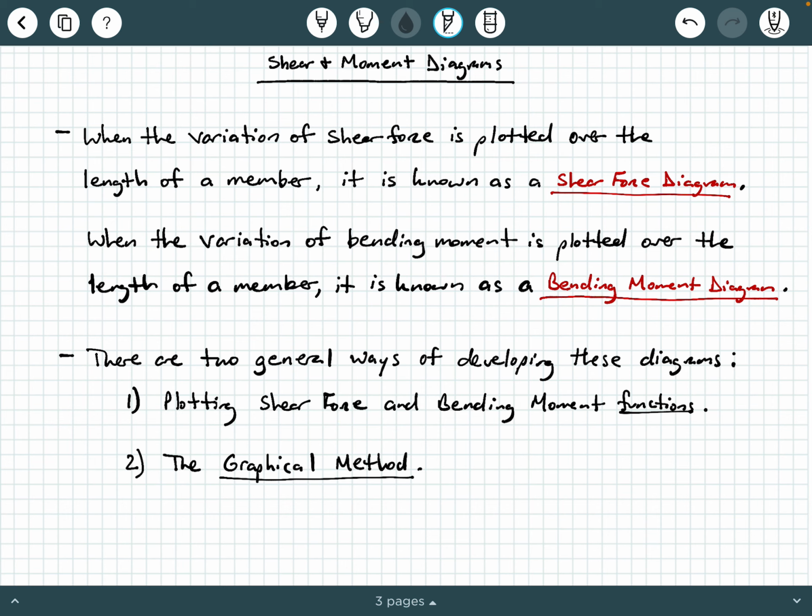What they are is mathematical functions. So you have V as a function of X, that's the shear force as a function of X, and M as a function of X, that's the bending moment as a function of X, and X is a location variable. Typically, shear force and bending moment functions are polynomials.